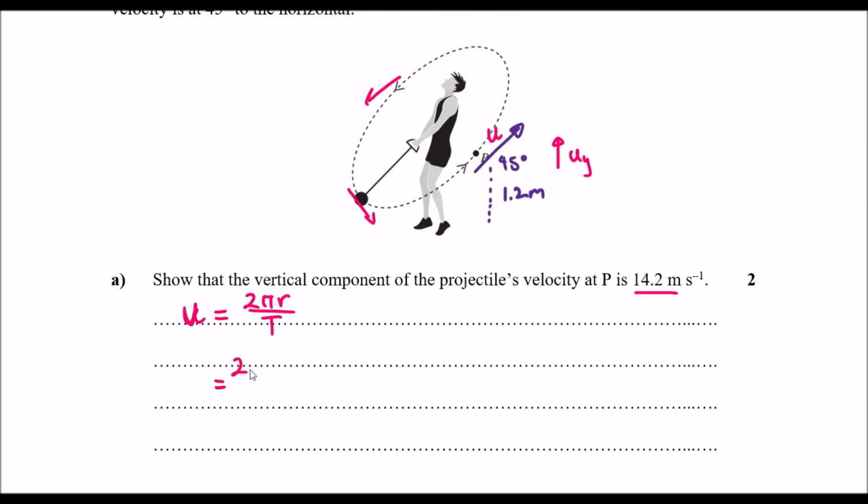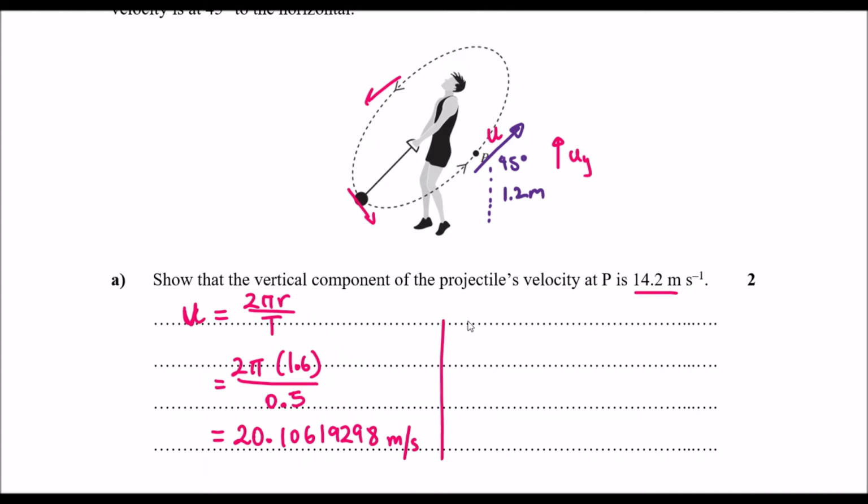So it'll be 2 pi, our radius was 1.6, over a time of 0.5 seconds, and that means our overall velocity is 20.106, or 20.1 meters per second. But we want to find uy.